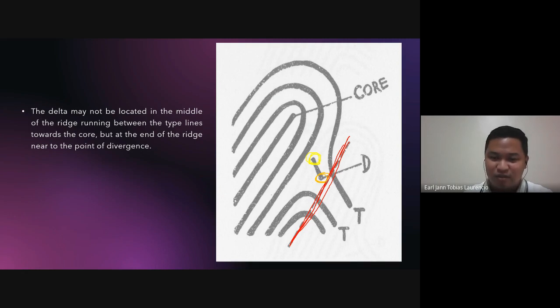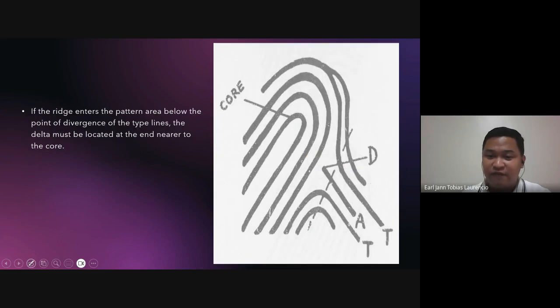What if this is the situation? What if at the point of divergence, there is a ridge? In this example, we have an ending ridge. What part of the ending ridge are we going to choose as the placement of our delta? There are two sides: this one, the one with orange, and this one, the one with color yellow. So where are we going to place the delta?